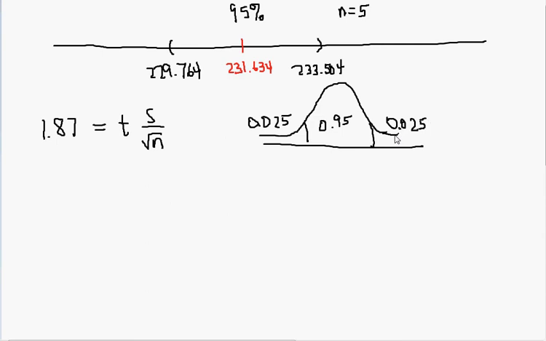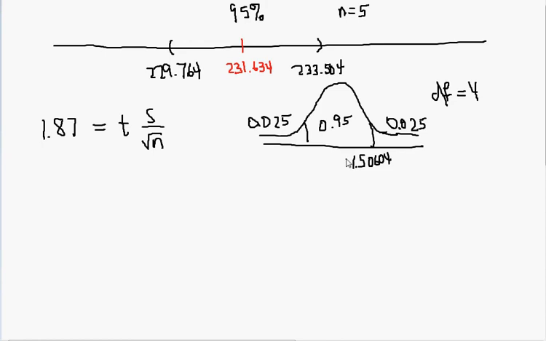So we have the option of finding the 97.5 percentile using technology, or else using the 0.025 column in the table in the book. And we remember that the degrees of freedom is going to be equal to 4. And so working this out, the test statistic here works out to be 1.50604.